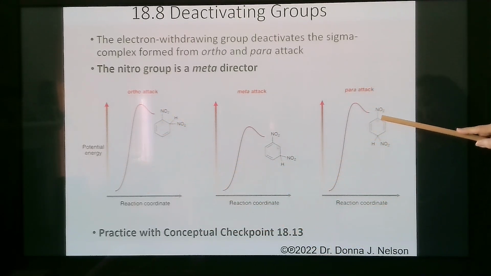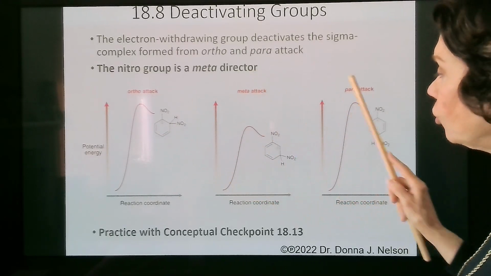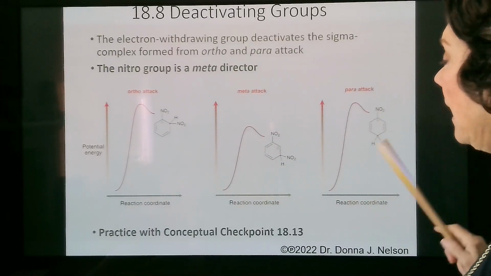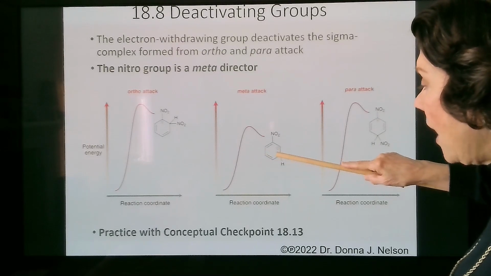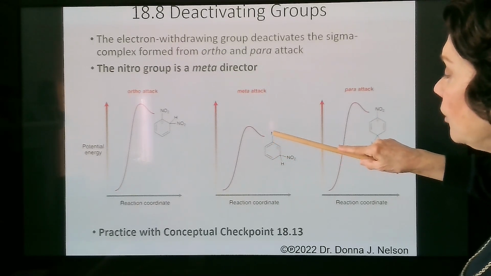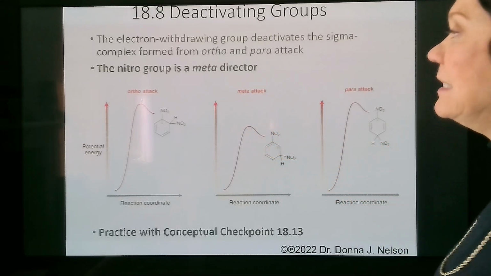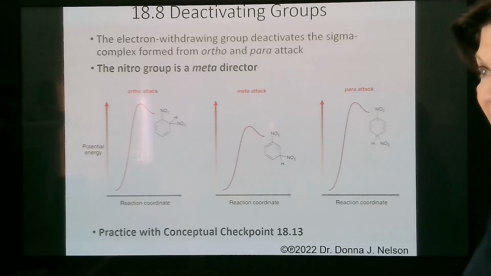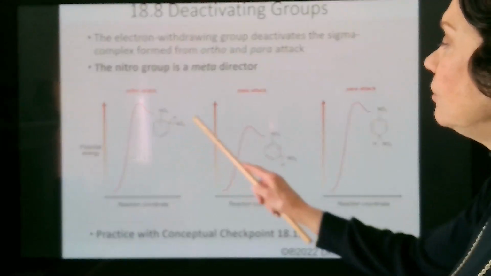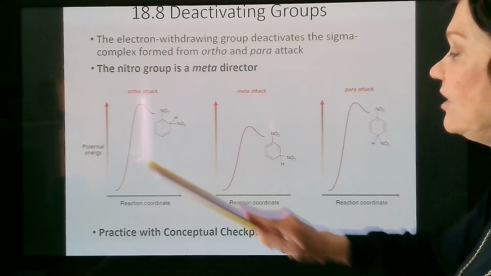Over here, carbon is bearing a positive charge, nitrogen is bearing a positive charge, and these are resonance structures for that intermediate. Now, for meta attack, you cannot move the positive charge onto the carbon that is bearing nitro. And so the meta attack is not disfavored. It's not favored or disfavored. It's that you see this predominate because the other two are disfavored.